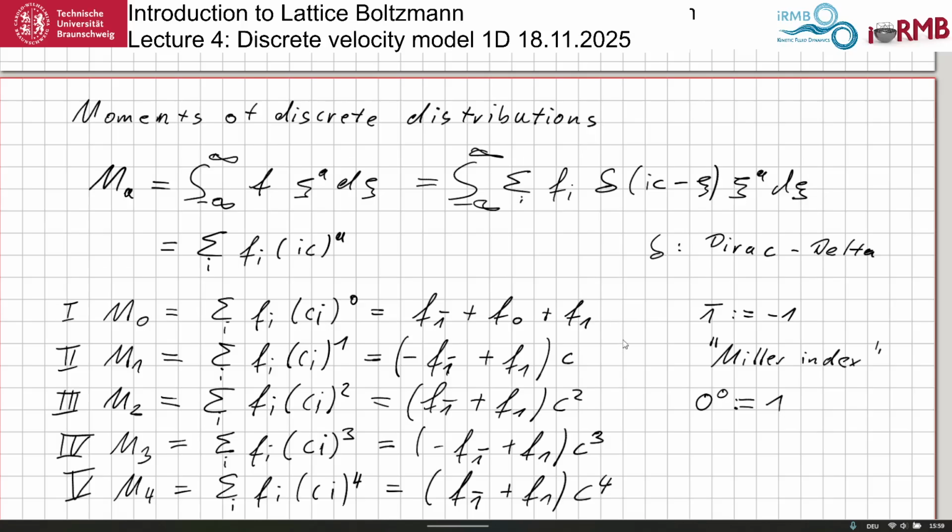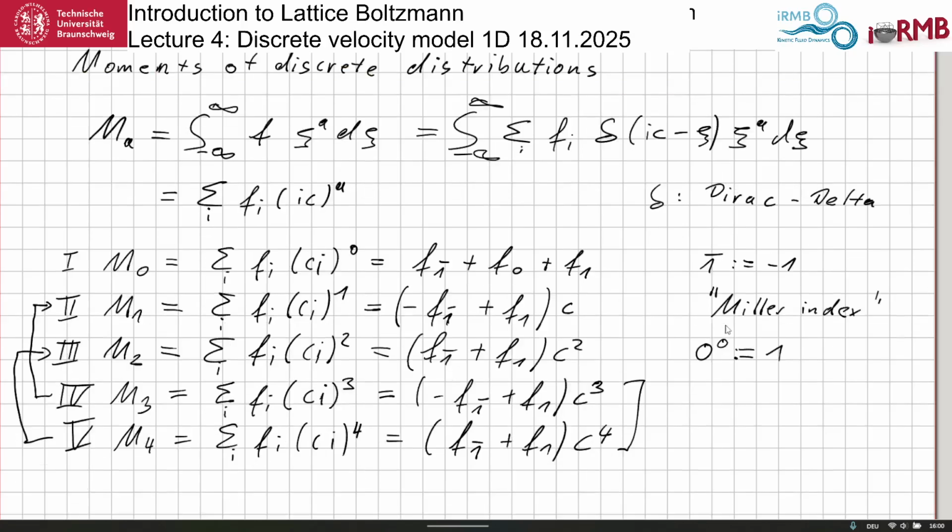So what do we observe? Very naturally, we have 3 discrete velocities, so from information theory there cannot be more than 3 independent moments. As a result, these are always the same, especially if you remember that C is actually 1, right? And these are also always the same. This being the same is what we call moment aliasing.